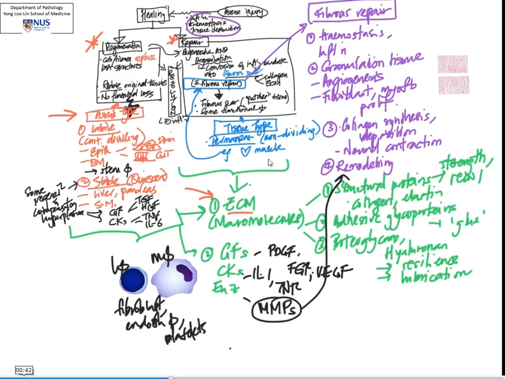So here we just have a summary mind map showing you the healing process which occurs after tissue injury. And we've looked at two of the main processes: regeneration, which usually occurs in tissue types that are able to divide or enter the cell cycle, versus repair, which is healing where the tissue is patched up by laying down of collagen and extracellular matrix.